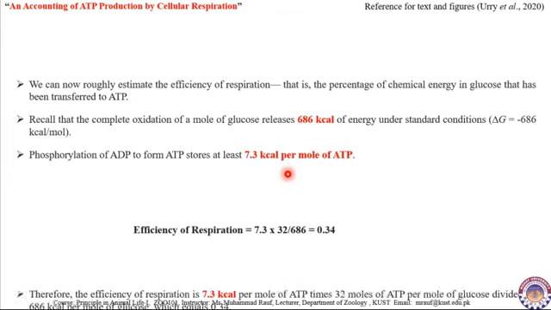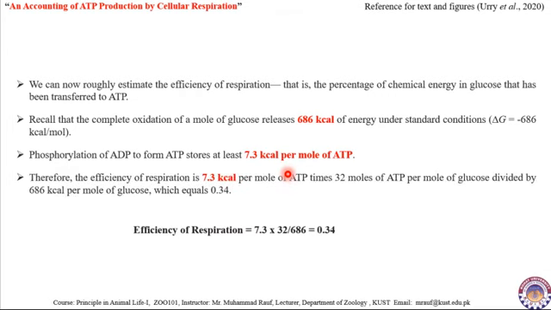And how many ATPs are produced in this whole process? 32. So we multiply 7.3 with 32 and divide it by 686. So it will give us how efficient this process is, how much energy was initially present in the glucose molecule and how much energy was derived and stored in ATPs through this process.